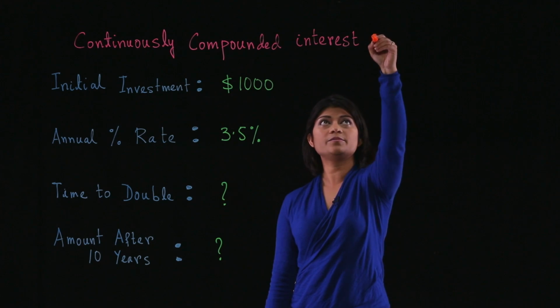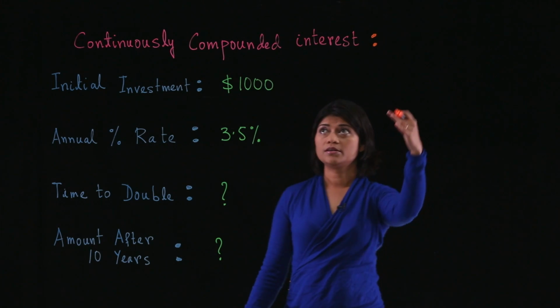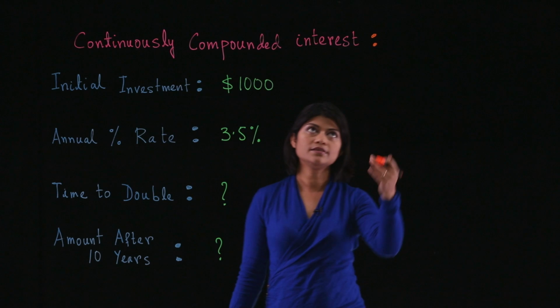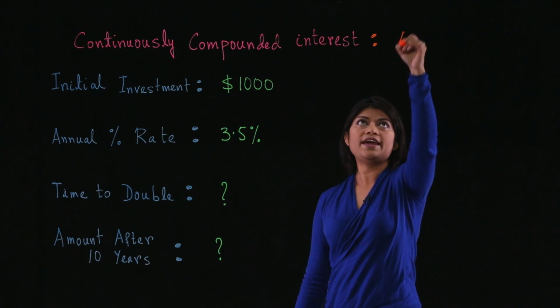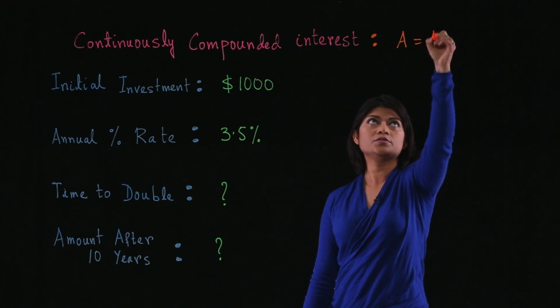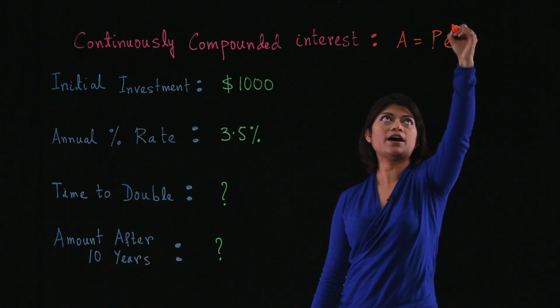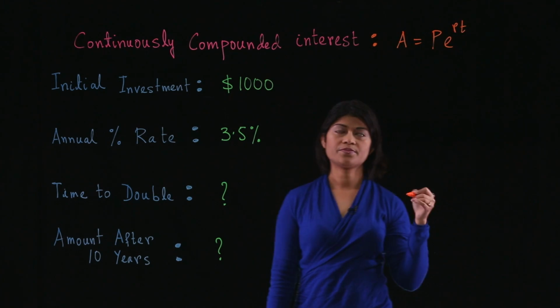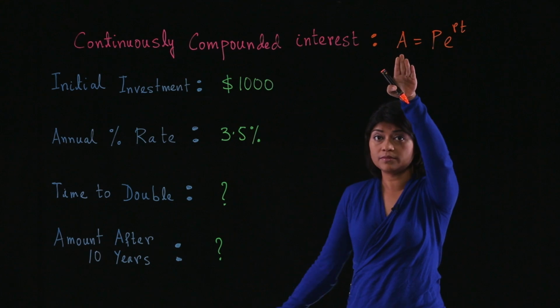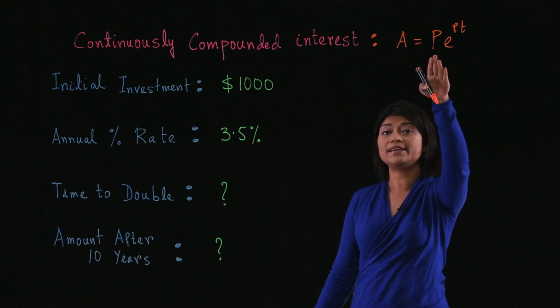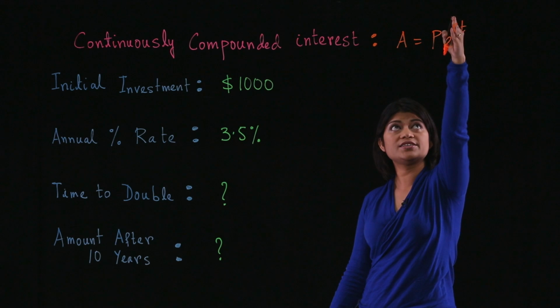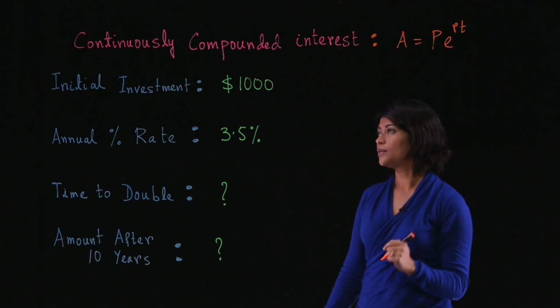So first thing, recall that when you are compounding continuously, the formula is A is equal to P times e to the power R times T, where A is the final amount, the balance, P is the initial amount, R is the rate, T is the time.